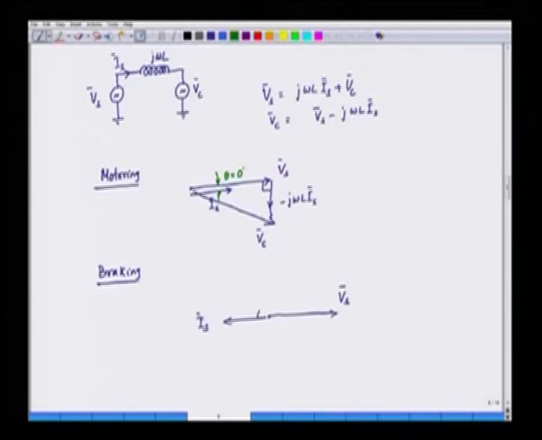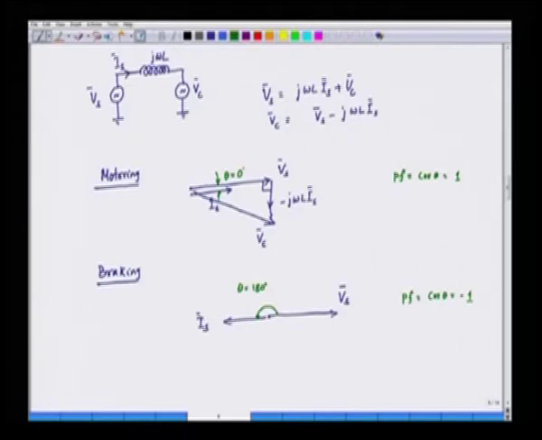Now, here theta is 180. In the first case, the motoring case, we have power factor is equal to cos of theta, that is equal to 1, and for the braking case we have power factor is equal to cos of theta, that is equal to minus 1, which means power is fed back to the supply.